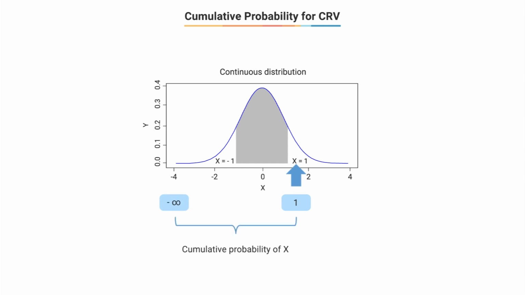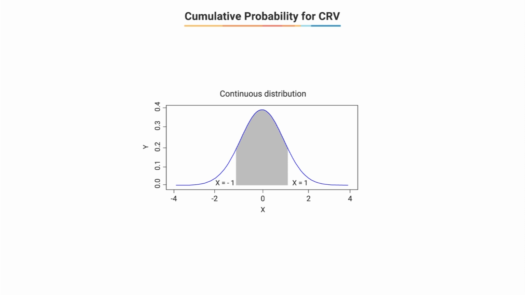Now the cumulative probability becomes very important when we talk about continuous random variables, because in such cases we are always dealing with ranges. So let's say you are given the cumulative probability for x equal to 1 and x equal to minus 1 as 0.6 and 0.5 respectively. So using these values, can we find the probability of x lying from minus 1 to plus 1?